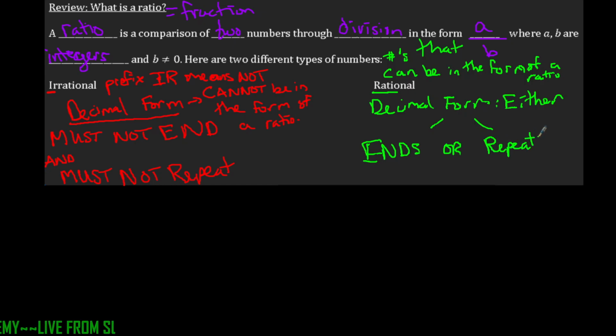So as long as it does one of those, you know it's going to be rational, or if you just see it's a fraction, you know it's going to be a ratio, meaning a rational number. If it is not rational, that means it does not end, and again, that key word in here is and. It must not do both of those to be irrational. So again, make sure you can pause, that way you can have each of those items in there.